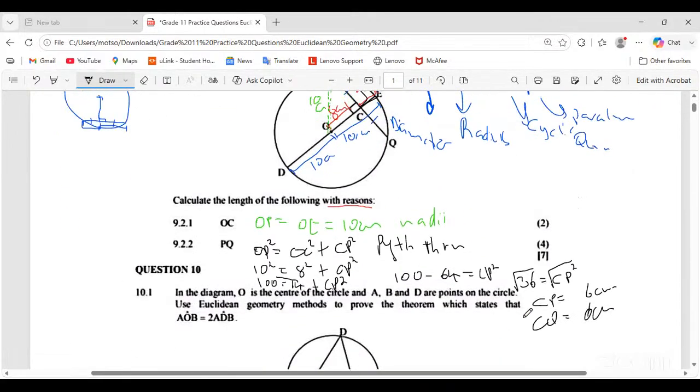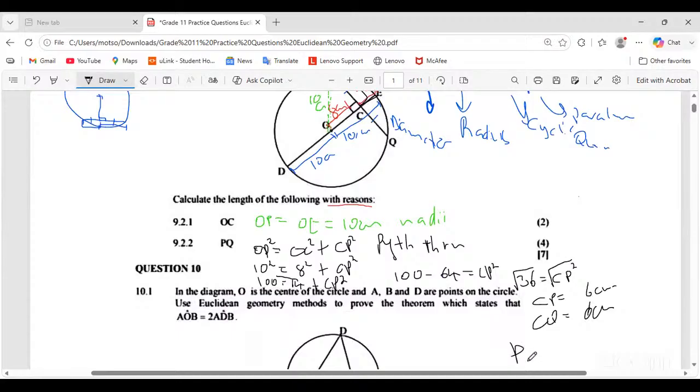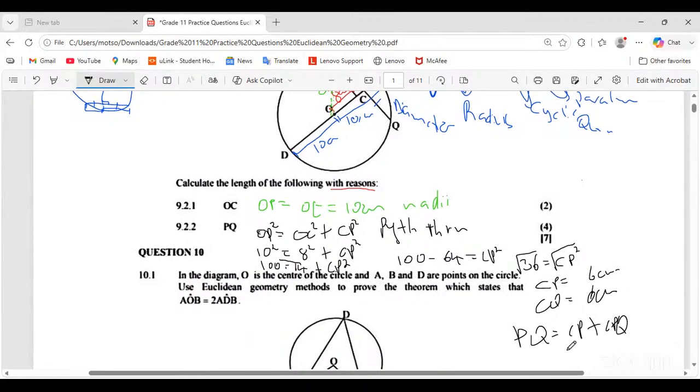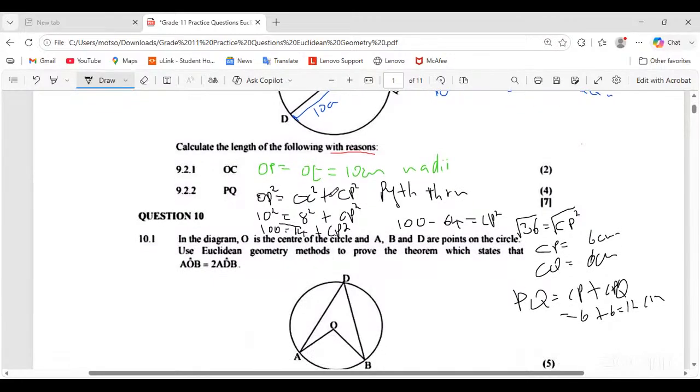Now you will come to the conclusion that PQ is equal to CP plus CQ, and that is 6 plus 6, which is equal to 12 centimeters. Then you are done, just like that, answering 9.2.2. I hope it makes sense to everyone, guys.